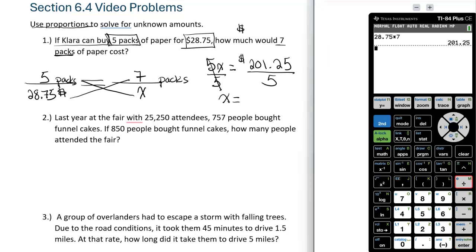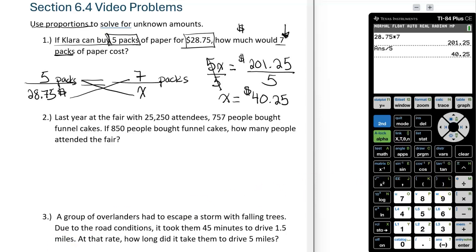So I can just do divided by 5, and that will give me my answer. Remember, it's dollars, and it's $40.25. So that means that 7 packs cost $40.25.